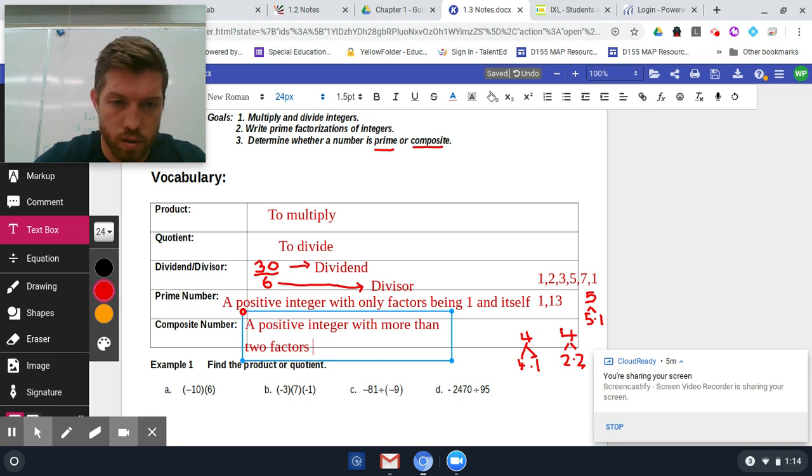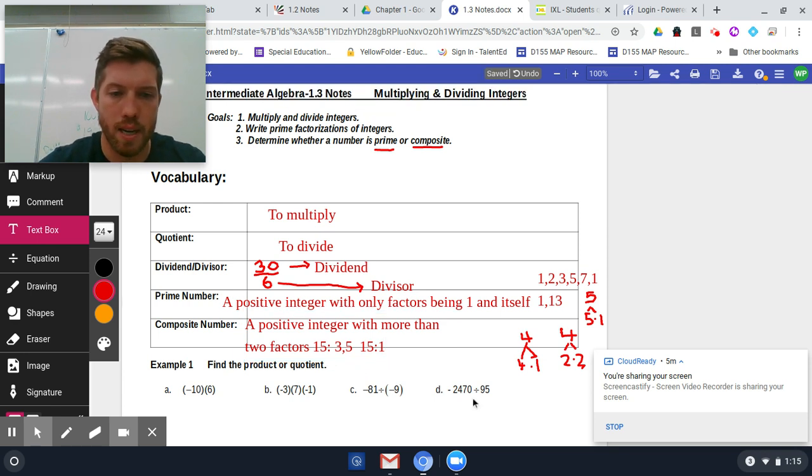So the number 15, you can do 3 times 5. You also could do 15 and 1. So that's another example of a composite number. 25 would be the same thing. So those are some examples, 4 and 15.